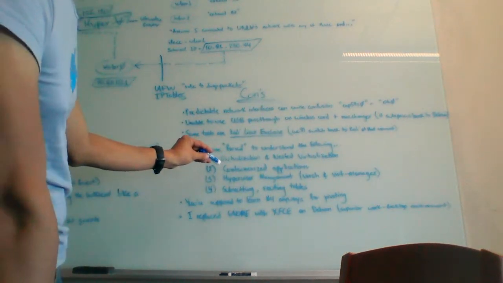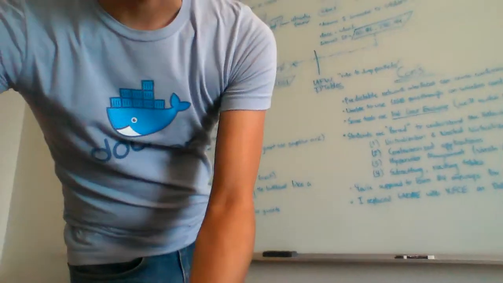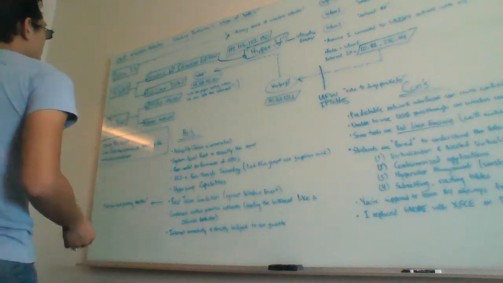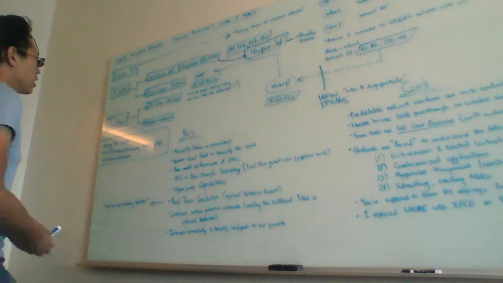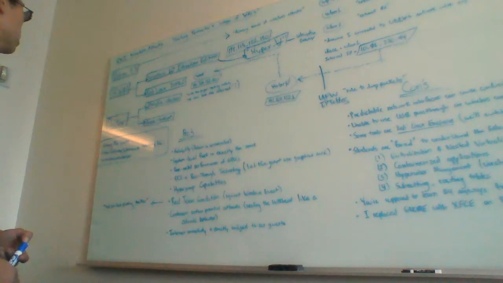Containerized applications. Previously I was talking about Docker. The cool thing about Docker is it creates the most basic container to do one single job. Docker Hashcat. Hashcat is a password cracker. Well, what do you need to crack a password?